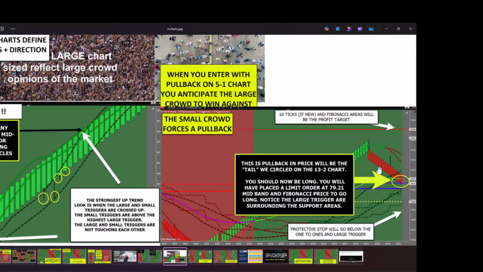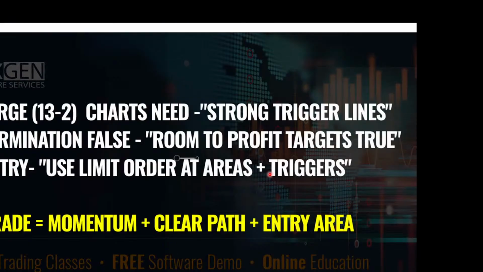We're going to buy this pullback, this down, when all of this says up and strong. We're going to pinpoint it right at an area, right inside of triggers. And guys, this is what's going to help you reduce risk. This is what's going to help you create more profits. And it's very specific. It's very precise, and it's very calculated.